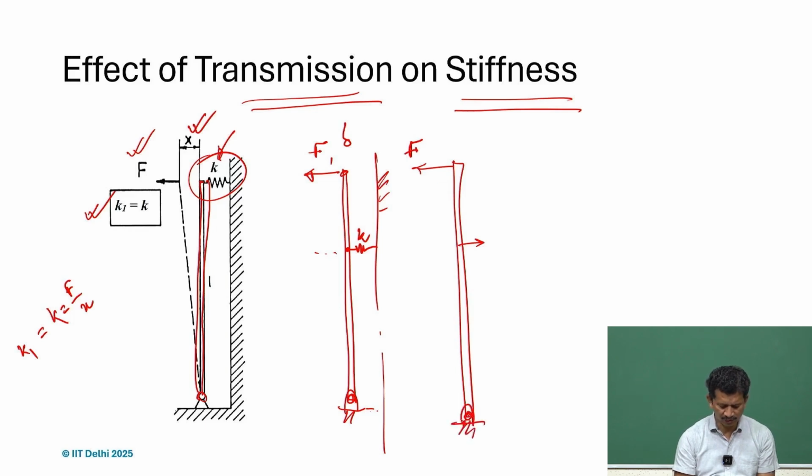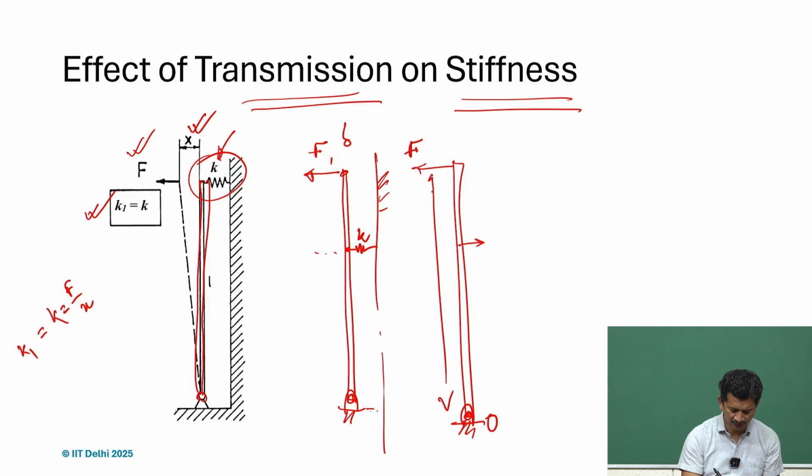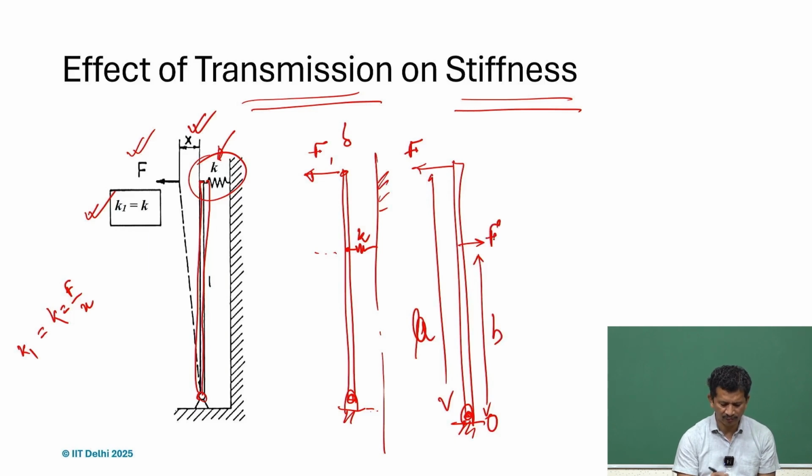If we balance the moment at this point O, with this length L, and call this A and this B, what will be this F prime? F into L is equal to F prime into B, and then F prime is simply F into L by B.